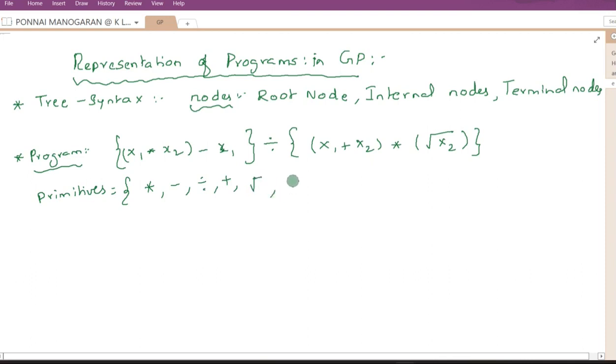And finally, the terminal nodes are x1 and x2, only two variables. So these are the primitives. With these primitives only, the program is constructed. Let us see.